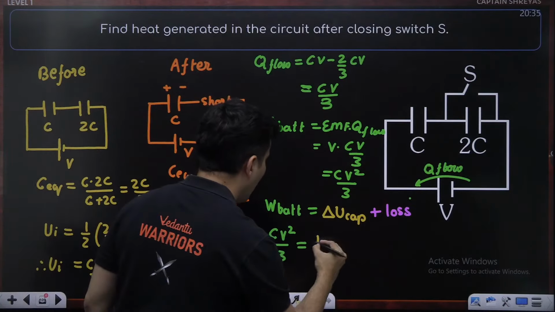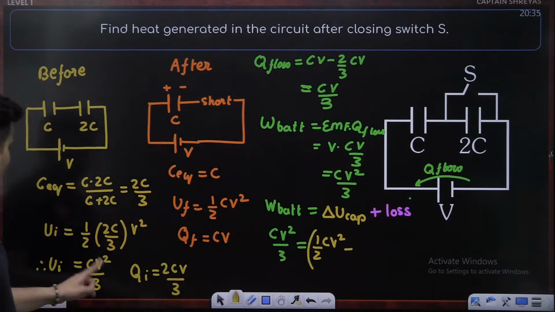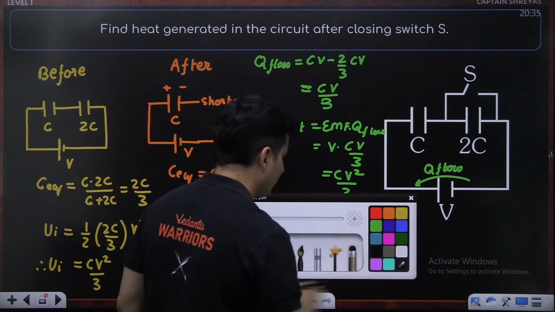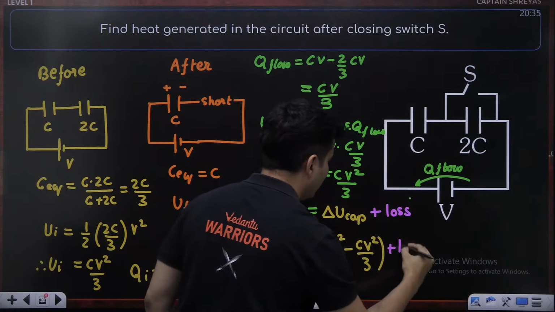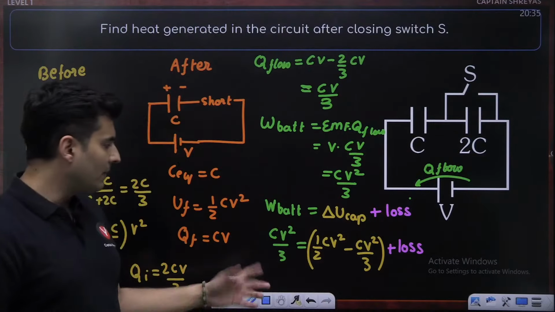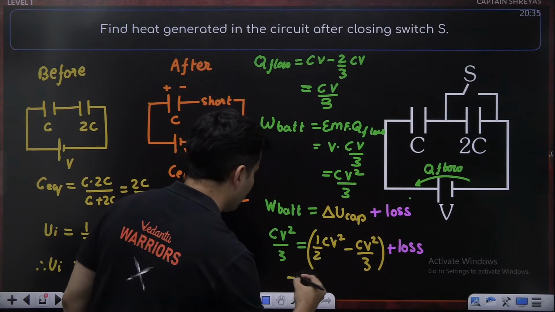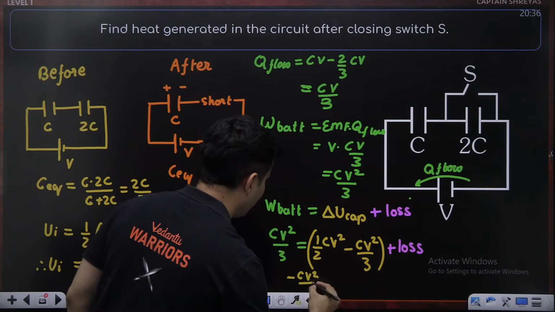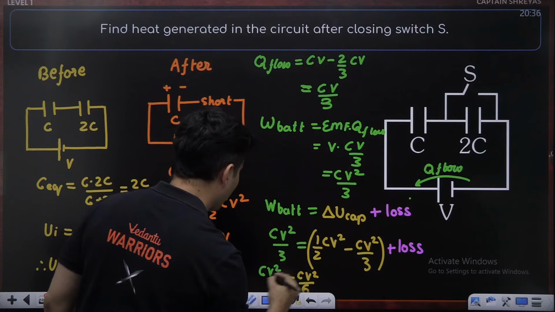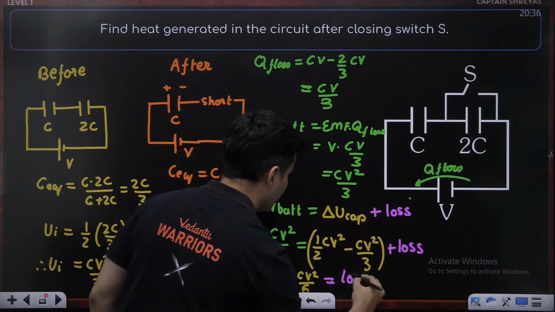So it will be half CV square minus CV square by 3, and CV square by 3 is going to be added to give you the loss. So half minus 1/3, 3 minus 2 is 1, so 1/6 CV square. So this will become CV square divided by 6, and this will be CV square divided by 3, and this will be equal to our loss.